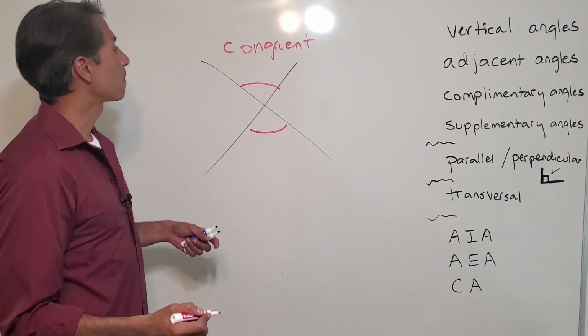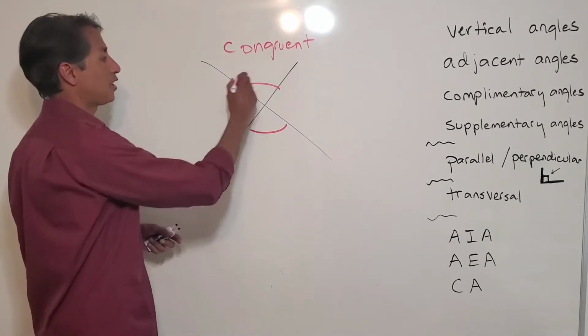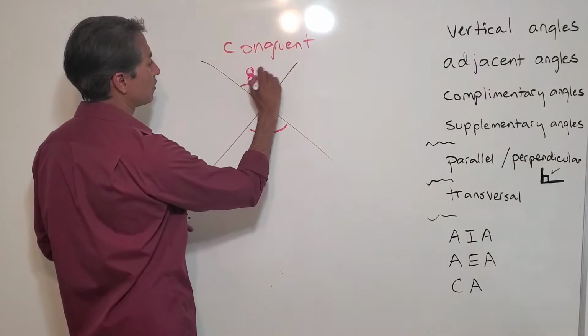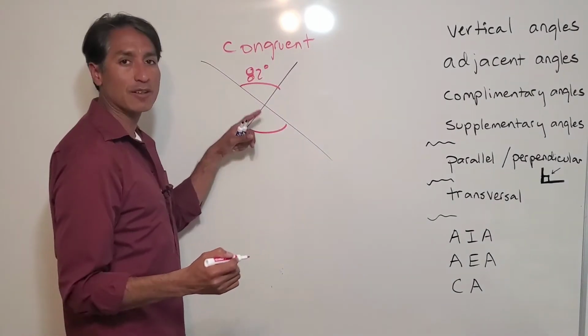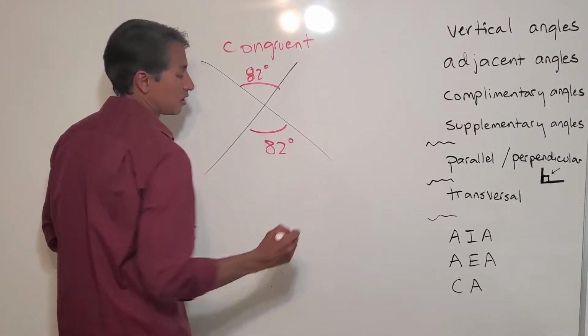That means that they are the same measure. So if this one up here was, we'll say, 82 degrees, then we know these vertical angles are equal. Therefore, this one down here is 82 degrees.